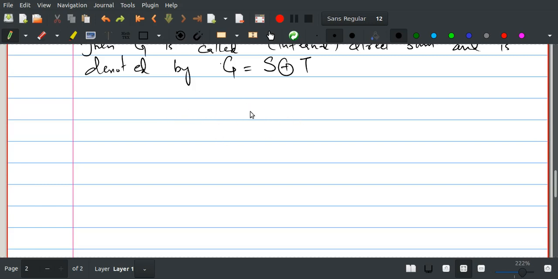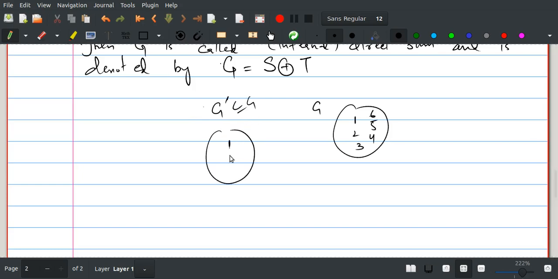Suppose G is a set which contains elements, say 1, 2, 3, 4, 5 and 6, and G prime, which is a subset of G, contains elements 1, 2 and 3.